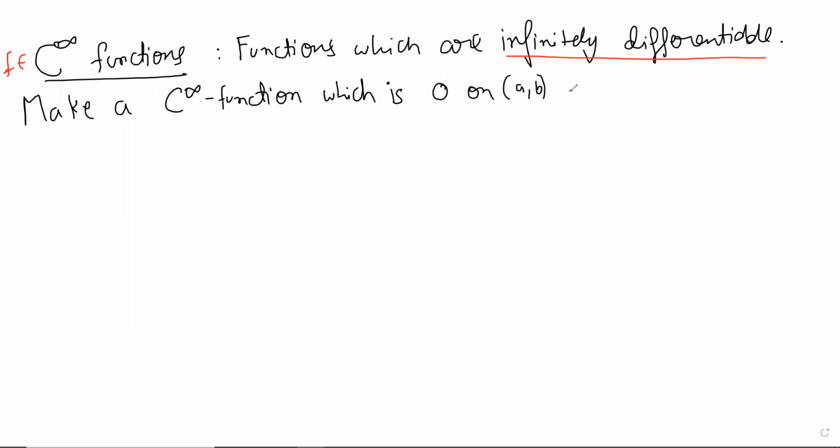If you want to make a function which is C infinity but not a power series, this is what you will try: a function which is 0 on an interval and non-zero, like never 0, on minus infinity to a, maybe closed even. Well, it will be closed because of the limits.